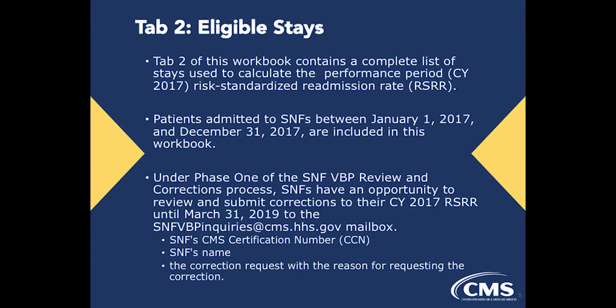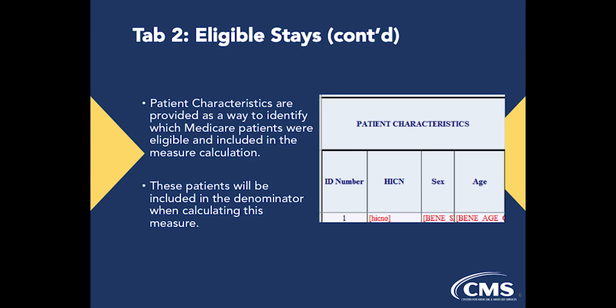Now let's walk through the information found on Tab 2, the Eligible Stays tab. There are 5 groups of patient-level data on this tab, which we will take a moment to review. The first group shown here are patient characteristics in columns C through E. This information is pulled from Medicare Part A fee-for-service claims.